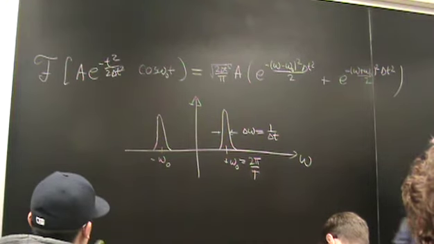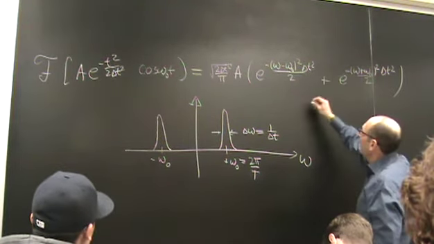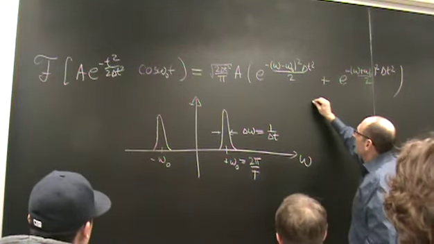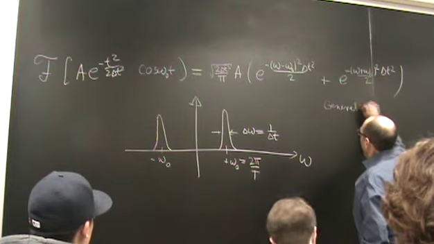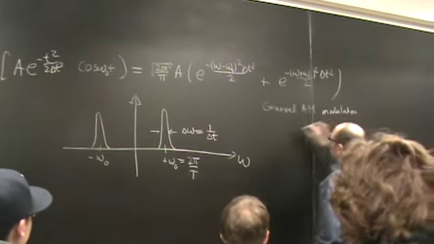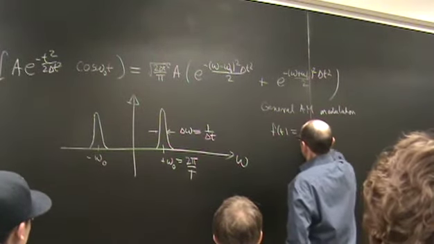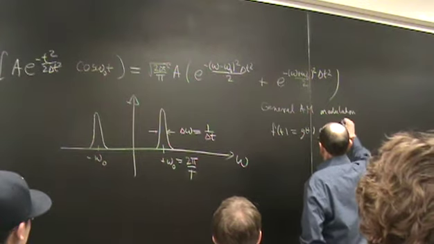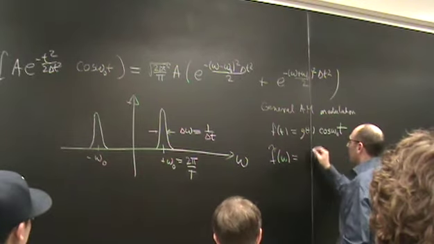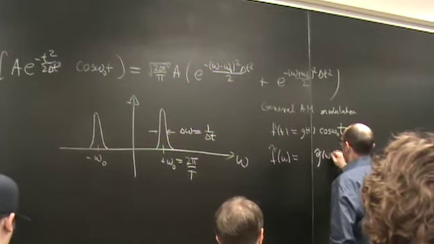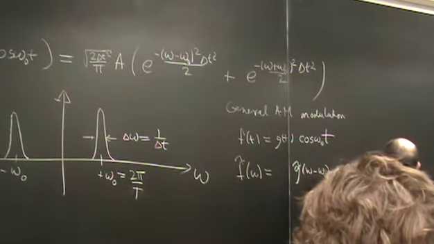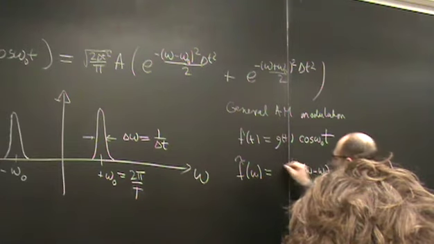So the most general form, if I had not just Gaussians here, if I have a wave train or a general AM modulation, f of t is equal to g of t cosine omega naught t, then the Fourier transform of this is equal to g tilde of omega minus omega naught plus g tilde of omega plus omega naught, with some constant out front that I'm not caring about.